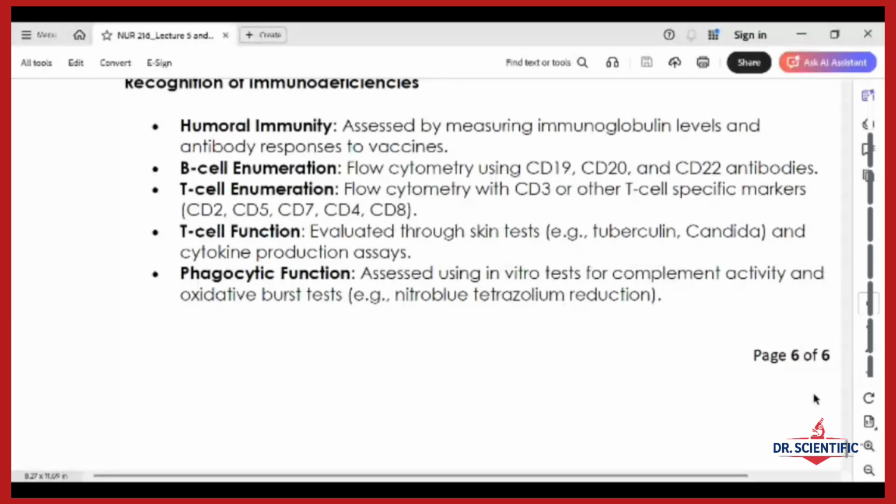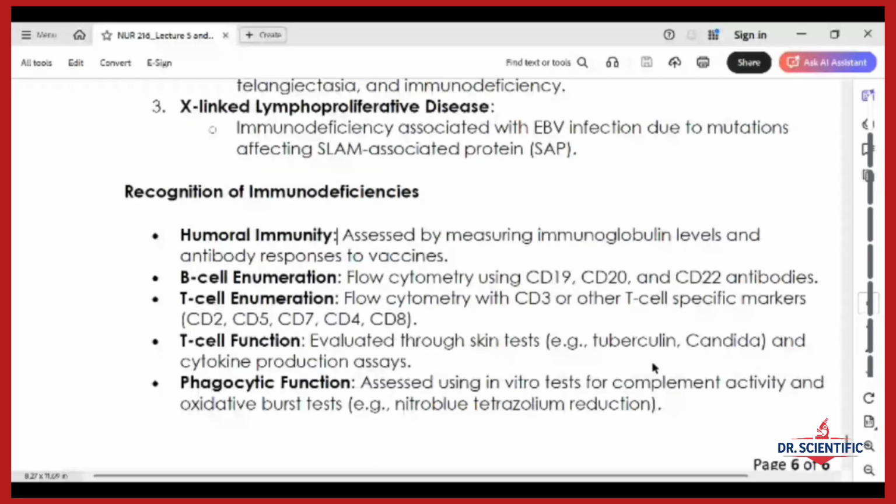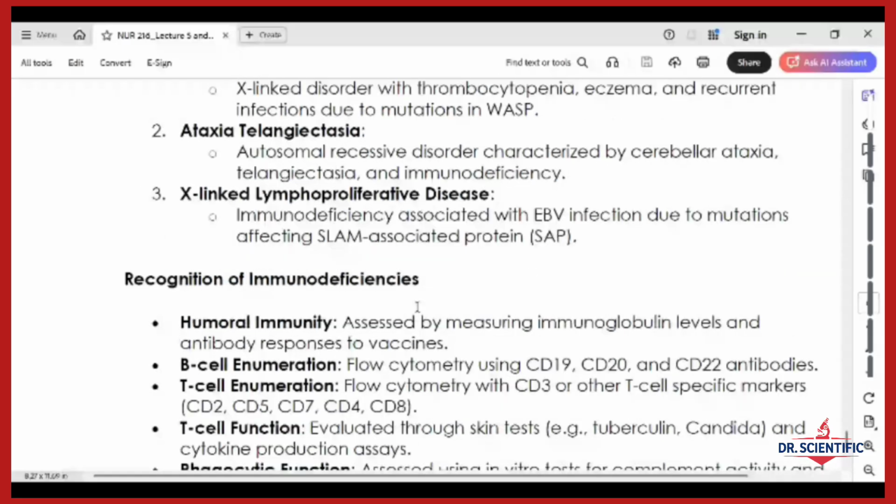SCID majorly deals with T cells, and then we have other combinations of several reasons as to why an individual is going to suffer from immunodeficiency, like ataxia telangiectasia, like the X-linked lymphoproliferative disease. These are several combinations of factors, of course.